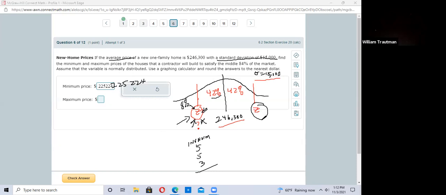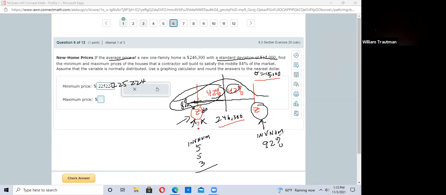Now I need to find the value for over here. I'm going to do the same thing, inverse norm, 553. These two add up to 50%, and 42 more, 50 and 42 is 92%. Do you see? That's 92%. So I do inverse norm, menu 553. Area is 92%, 0.92.